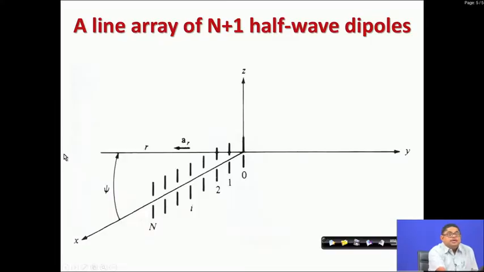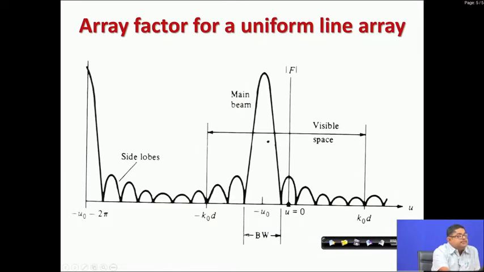If we plot this function in the u plane, that means the x axis is u and this magnitude is this, it becomes something like this. So, you see that there is a maximum value, a main lobe, then there are side lobes progressively decreasing, and since this is magnitude, all are positive.